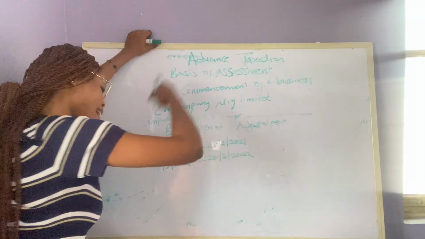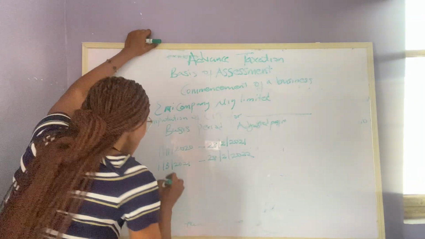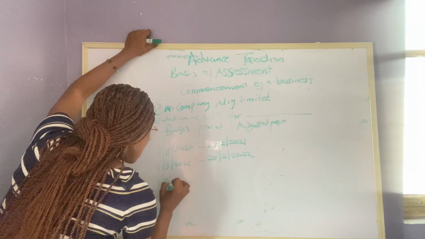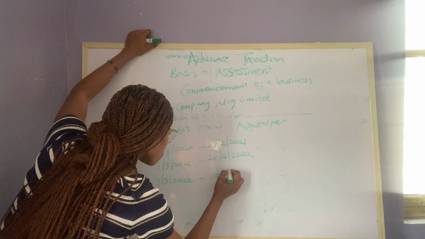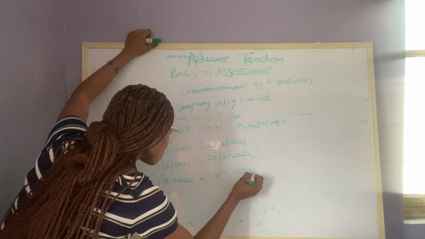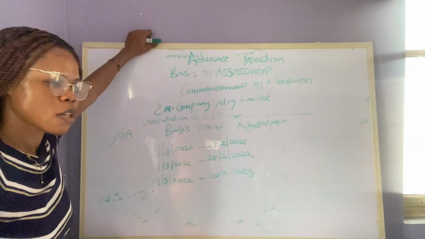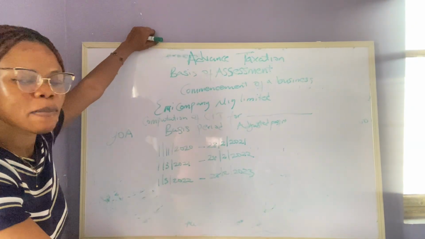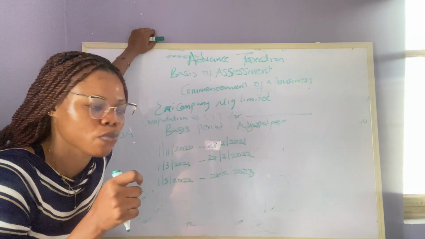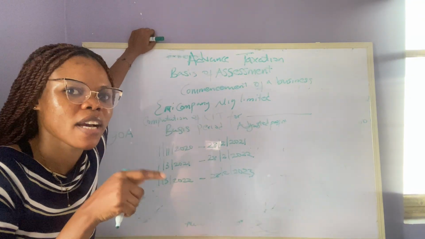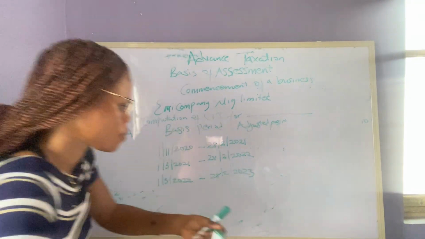Then again, 1st of March 2022 till 28th of February 2023. You see, the years are going to depend on the number of adjusted profits that are given to you. So let's go back and check our question.